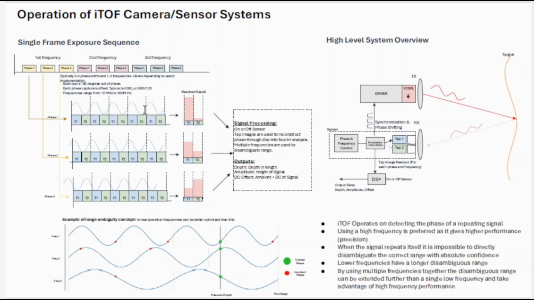I'm pretty sure people here have probably worked on this as well. But fundamentally, you can see how these taps work. The concept of the tap is really that you've got one photodiode, but you've got multiple storage diodes, and then you can drain them. So it makes for a much more efficient readout system. That's the fundamental concept behind the taps and how you use them in an ITOF system.